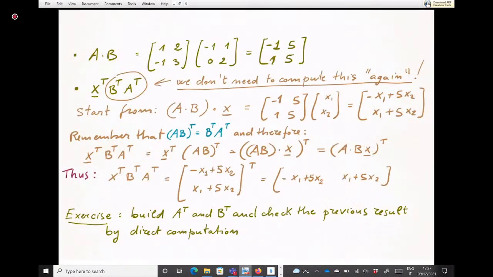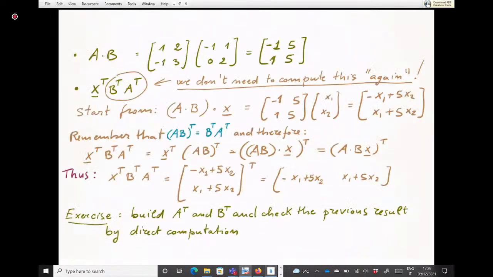This one is the transpose of ABX. And so if you know something about these properties, we can exploit the previous results, for instance, because we do have A times B. It's very easy to compute A times B transposed.